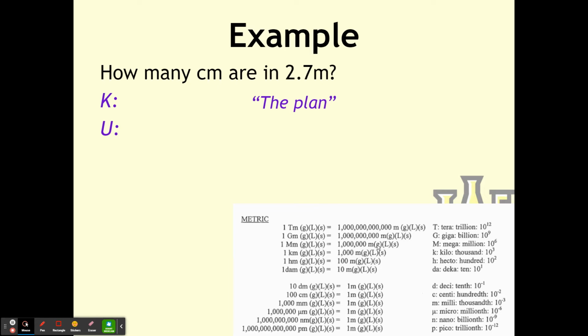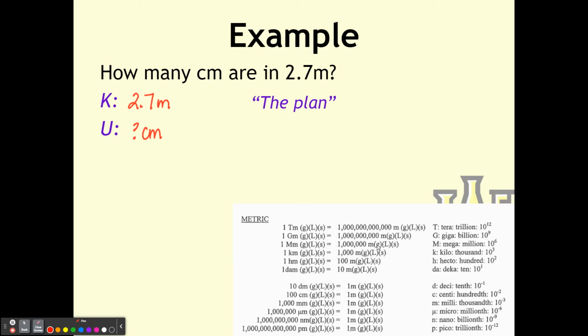So here's our first example. We have how many centimeters are in 2.7 meters. So my known is 2.7 meters. My unknown, how many centimeters? For my plan, I'm going to look at my conversion sheet and I'm going to start with what I do know, meters.